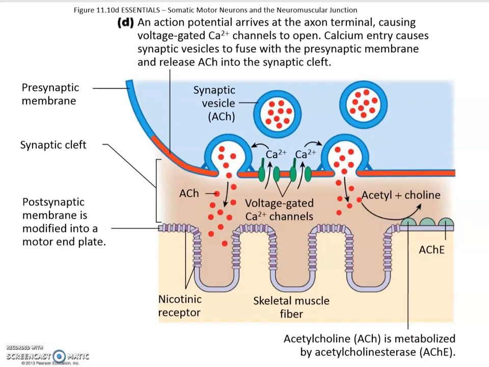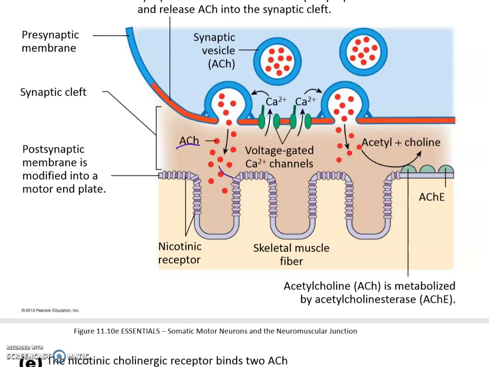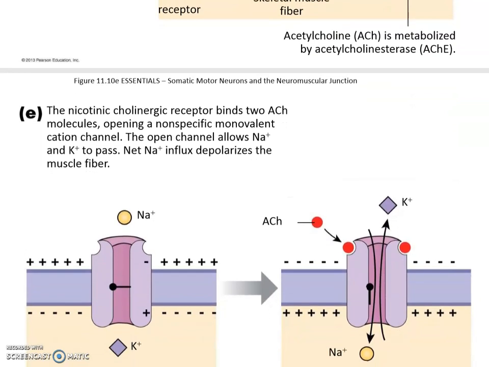So here, once the action potential arrives, we get the calcium influx that causes these vesicles to fuse and release the neurotransmitter acetylcholine, which then will bind to these nicotinic type of acetylcholine receptors, which are ion channels themselves. So nicotinic receptors are ion channels themselves, and then they will carry the action potential along the muscle fiber. And again, we will see much more detail in the muscle lecture.